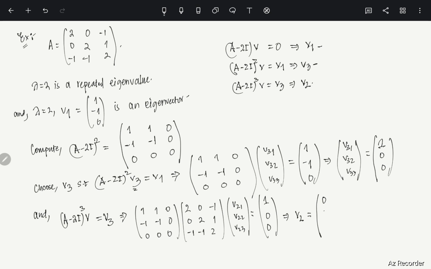So this is 0 and the last part is minus 1. This is how we get v1 v2 v3 according to this.